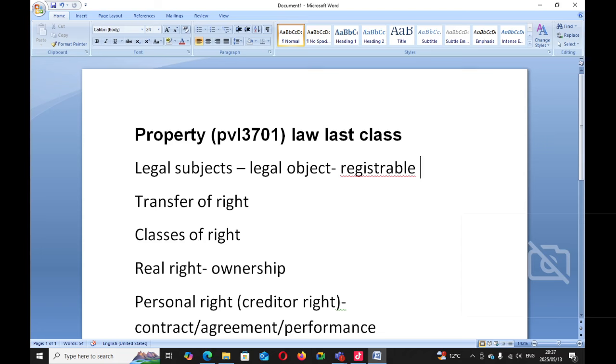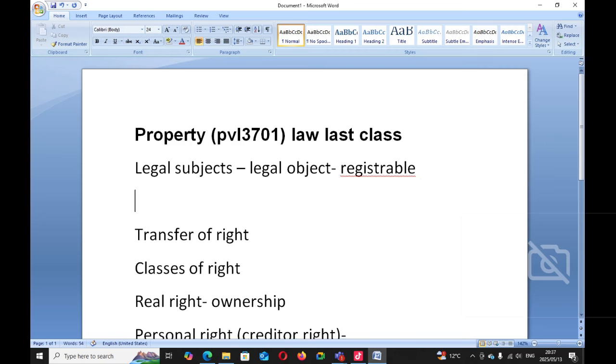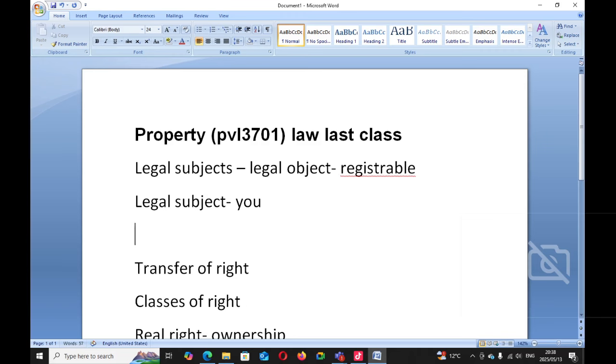This question will mostly come with 10 marks. In order to answer it, you must know the legal subject. You are a legal subject. The legal object, as we know, is anything of economic value.